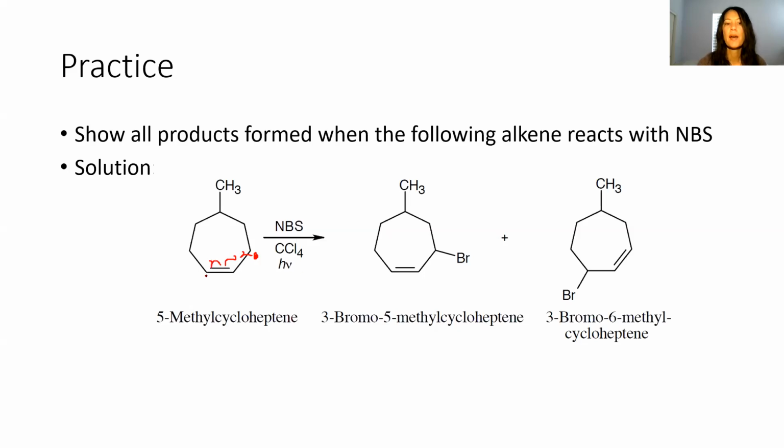So you have a radical at this position. And that then is going to give rise to this product here on the right, where the double bond has shifted because now you've looked at the other resonance structure, and then the bromine is going to react at the center here where a radical forms on this side.